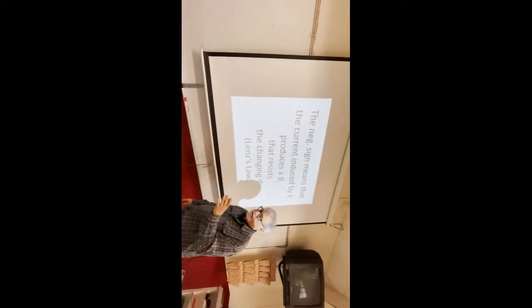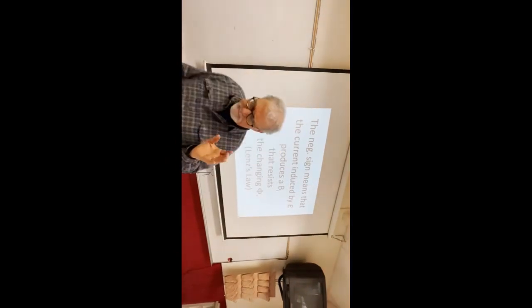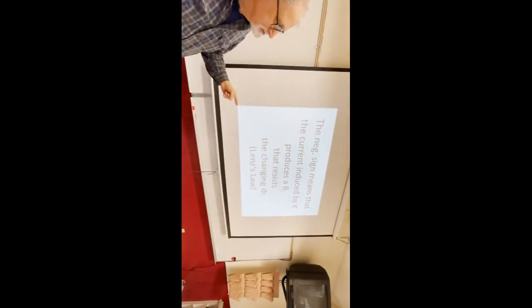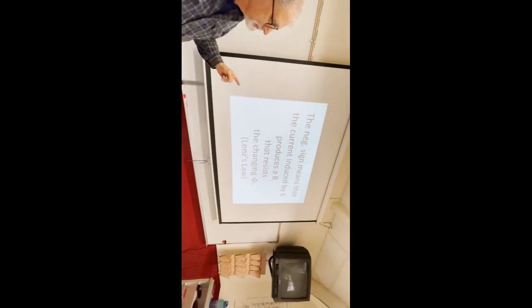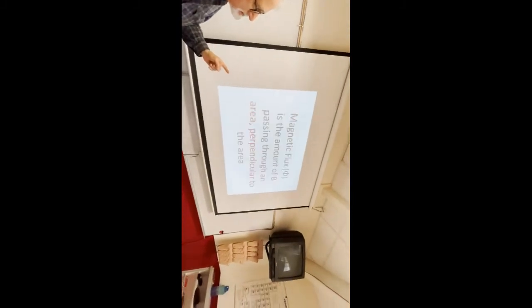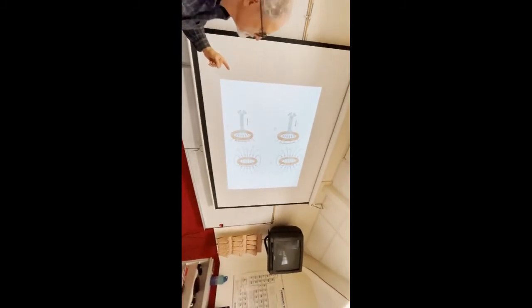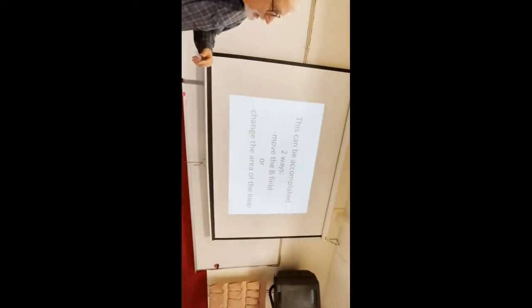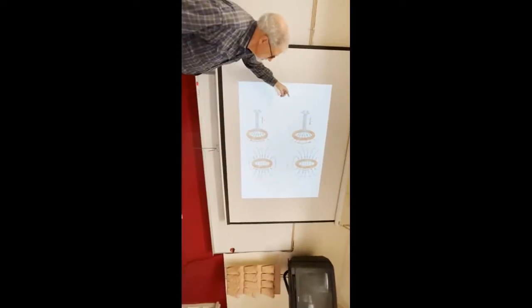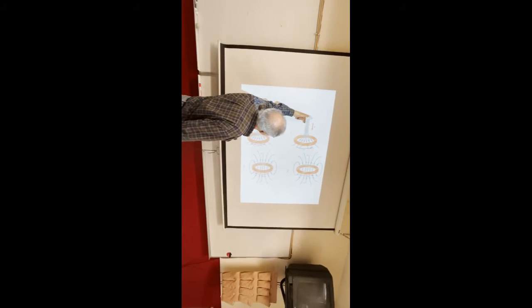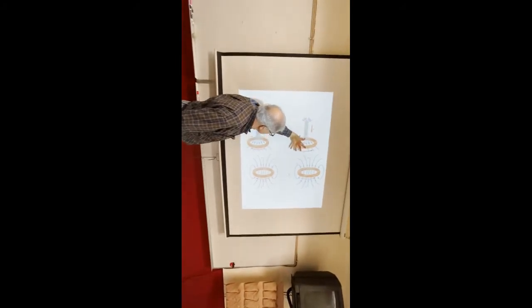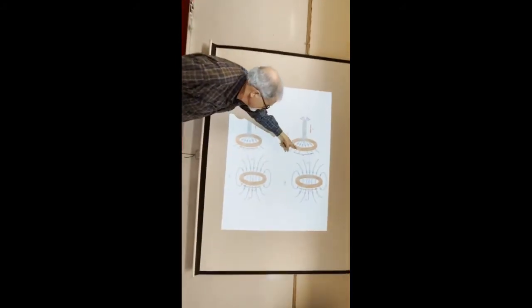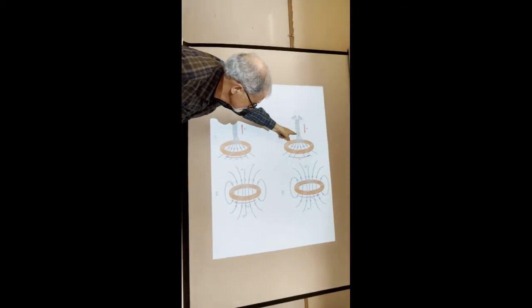Now, how can you predict which way the current is going to flow? That was my question. How do you know which way it's going to go? Here, as you go from splayed like this to in here, the B is increasing.